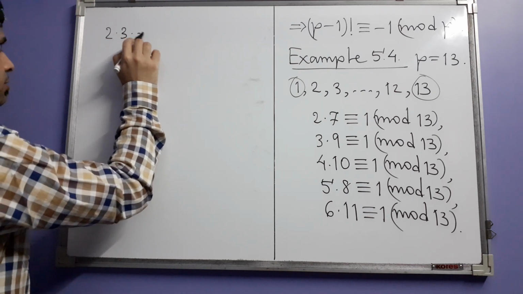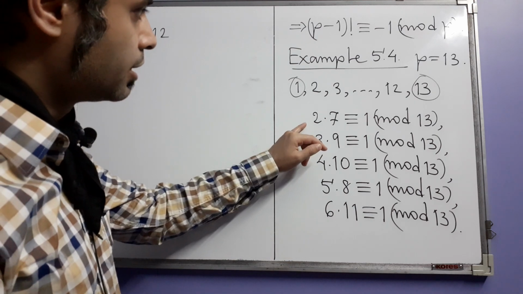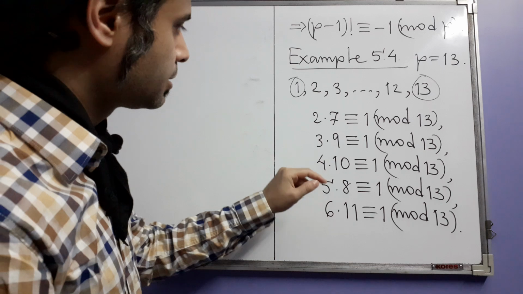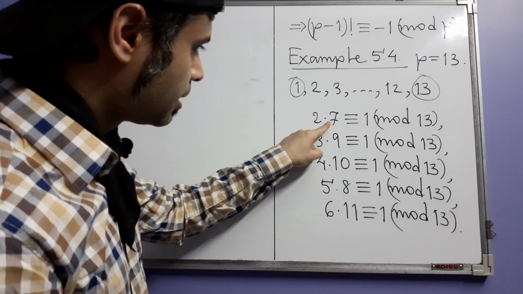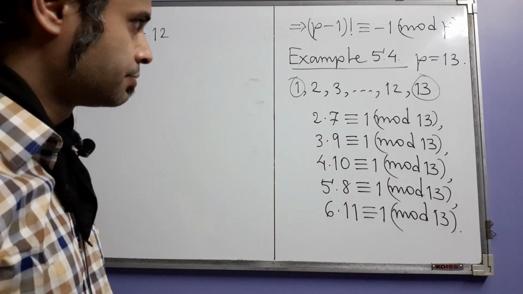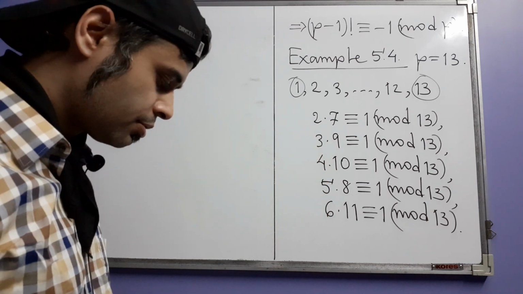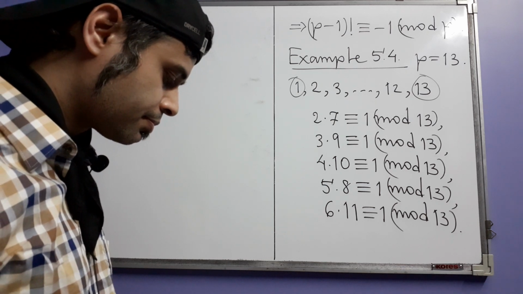You will get this product. And are you actually getting all the terms here? I mean all the integers. Let us see 2, 3, 4, 5, 6, 7, 8, 9, 10, 11. Yes. Oh, what about 12 though? Am I missing something?